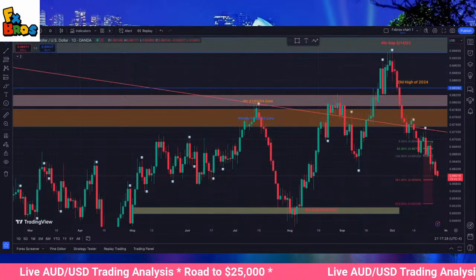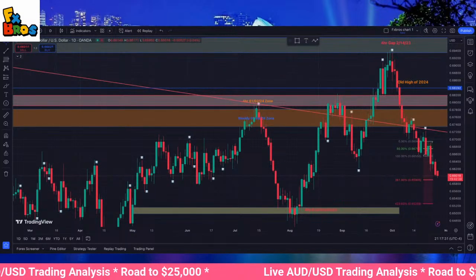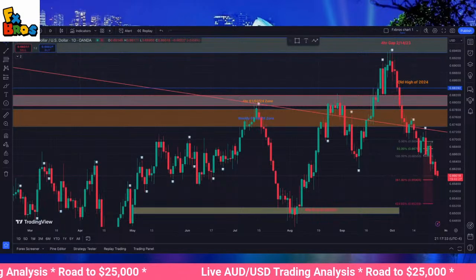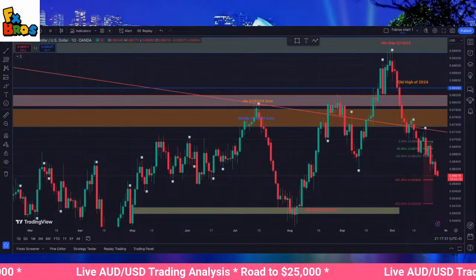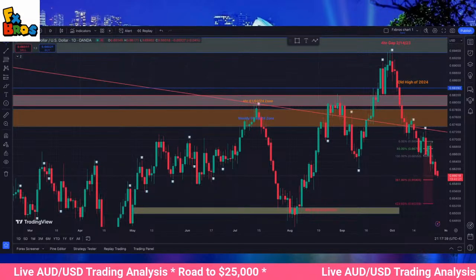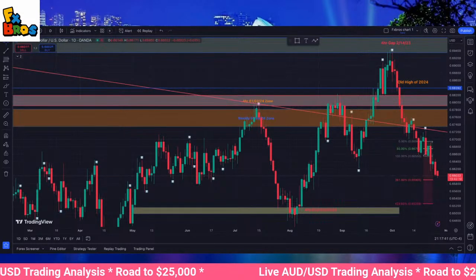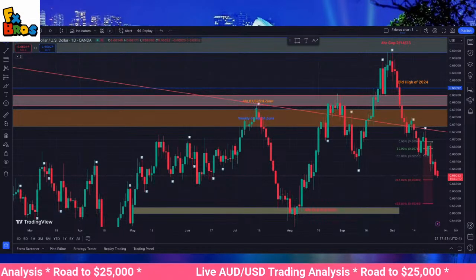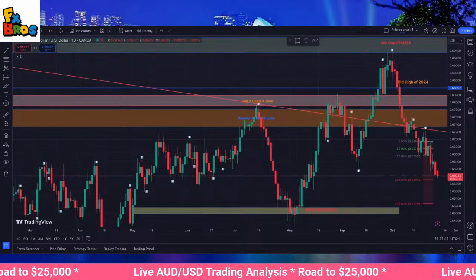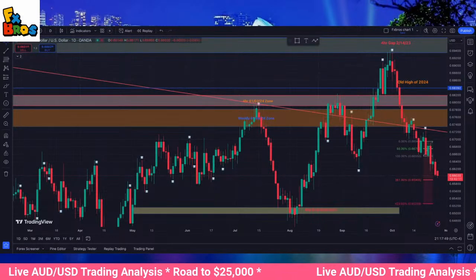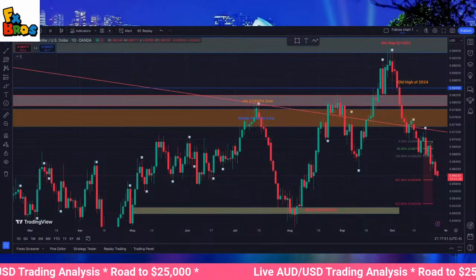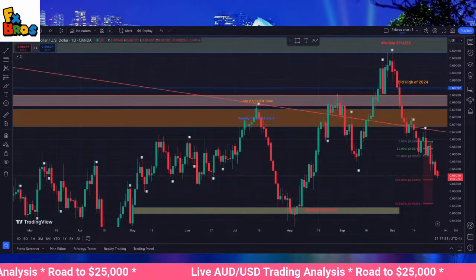Yeah, move it to the top right. Appreciate that. So it is the AUD dollar. Yeah, AUD dollar. All right. If I could change that. Oh, there you go. Logo.